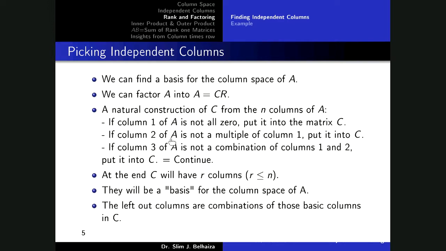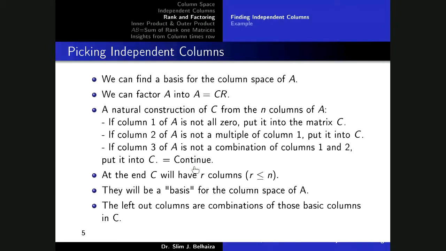You can take the second column. If it is a multiple of column 1, you don't put it in C, otherwise you put it in C. You can take column 3, and if it is a combination of columns 1 and 2, you'll have to find the combination. If it's not a combination, then you can insert it in C. Okay? And you can proceed till you go through all the columns.